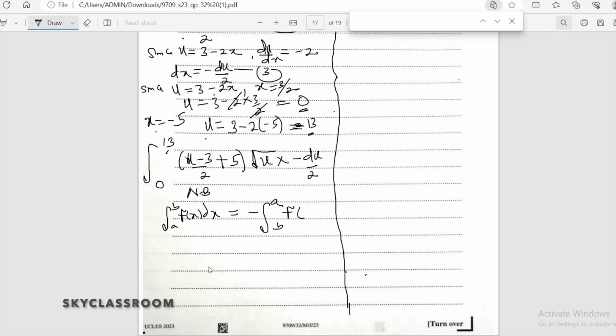You need to take note of this, it's very important. So I'm going to apply a minus to the new expression. Now we have the negative integral from 0 to 13. Now u minus 3 plus 5 should give us something like, what do you have there?